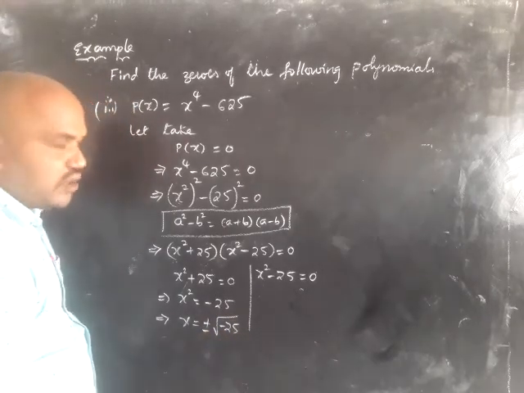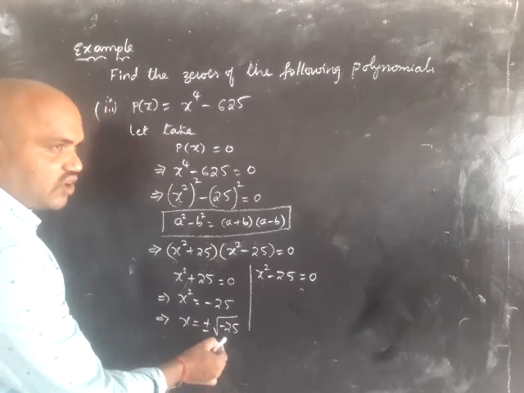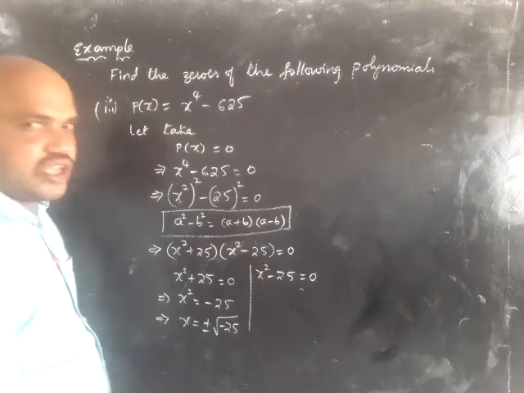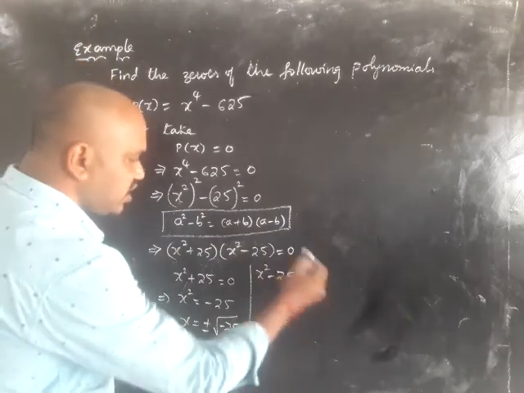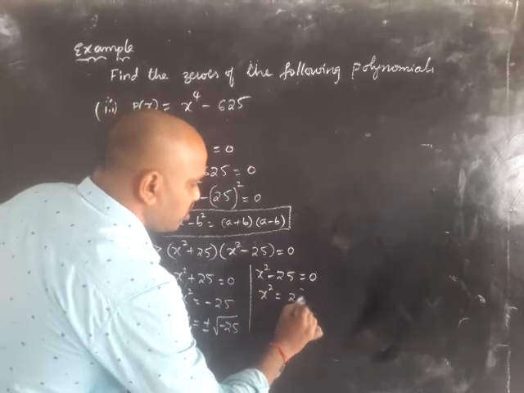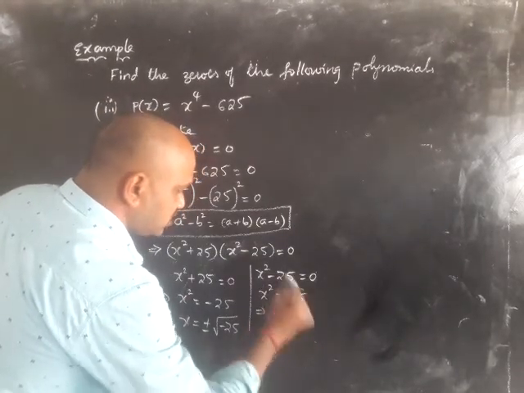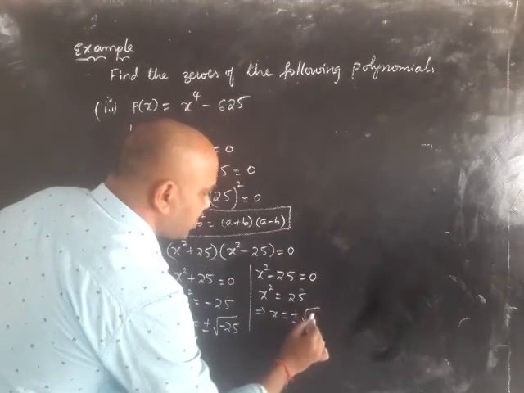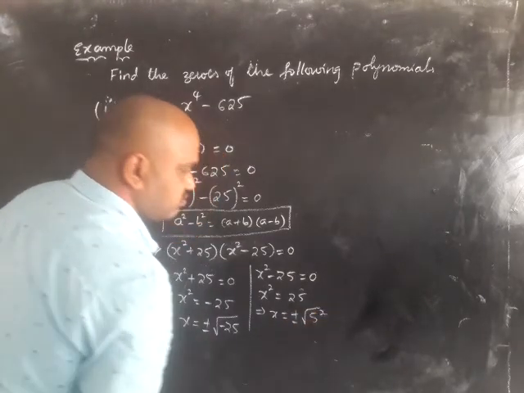It is not a real number. So don't write it as 5 square or minus 5 square and don't cancel actually. So x is equal to plus or minus root of minus 25. And if we send that side, x square is equal to 25. So x is equal to plus or minus, 25 we can write as 5 square.